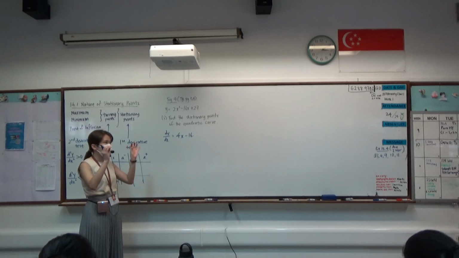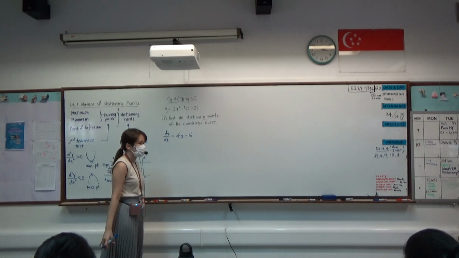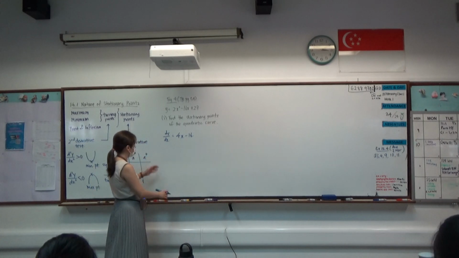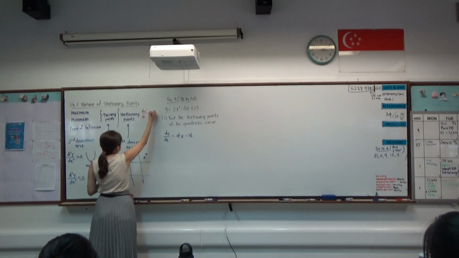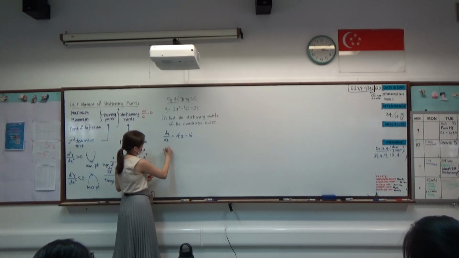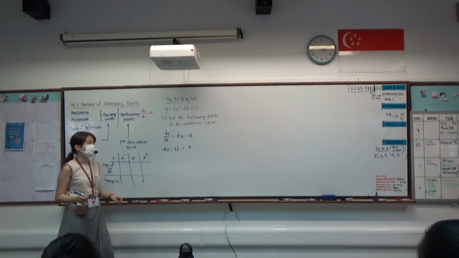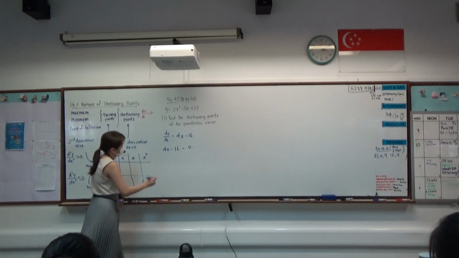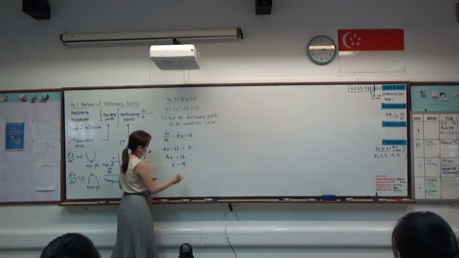What is the significant thing about stationary points regarding their dy/dx? Okay, all of them will have dy/dx equals to 0, right? So maybe just plug it here. So 4x minus 16 equals 0 will help us to find all the stationary points. In this case, there is only 1, and that happens when x equals 4.